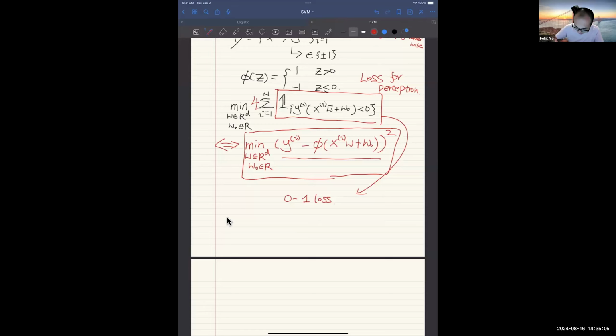But this optimization problem is very hard to optimize. In fact, that's nearly impossible. Why?